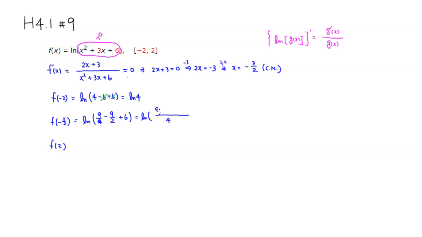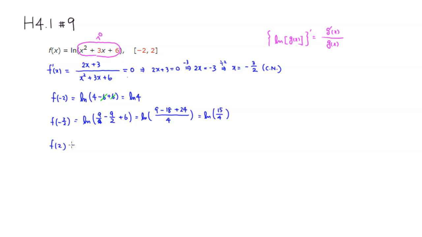It's 9 over 4, that's the first term. Minus 9 over 2 is equivalent to 18 over 4, and the 6 is equivalent to 24 over 4. So this is going to be negative 9 plus 24, so it's 15 over 4. So you have the natural log of 15 over 4.